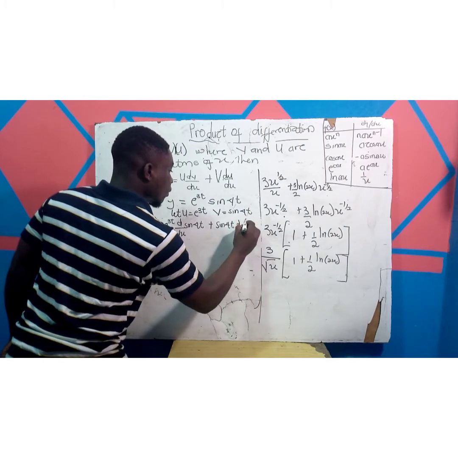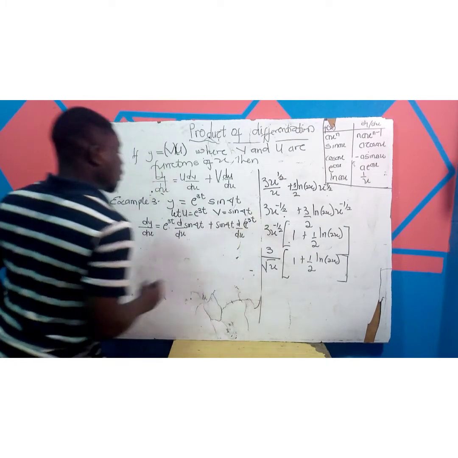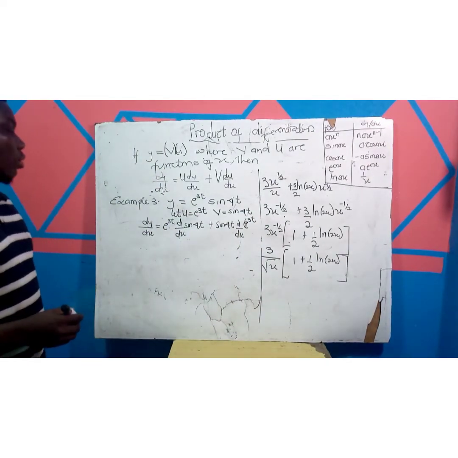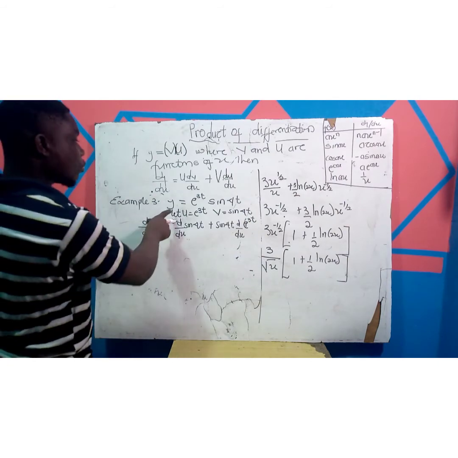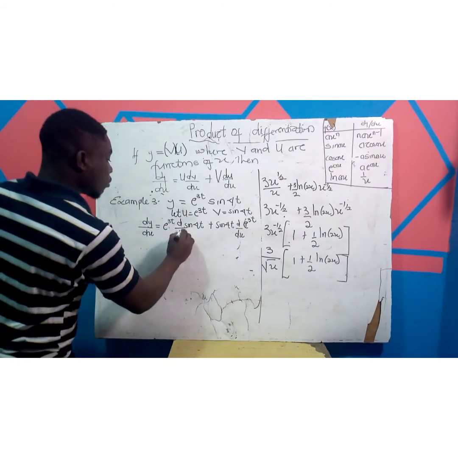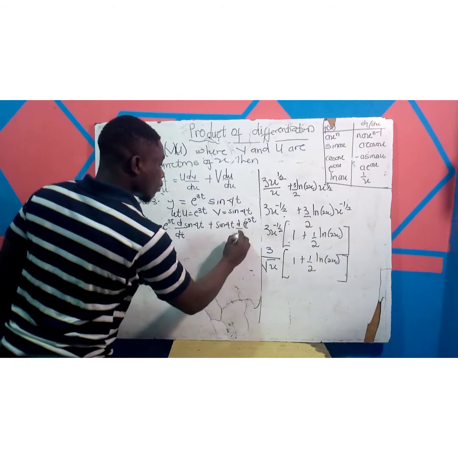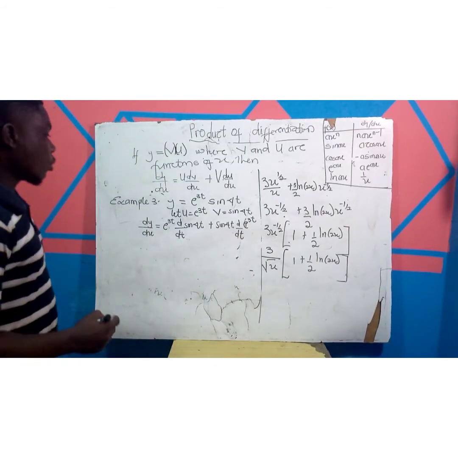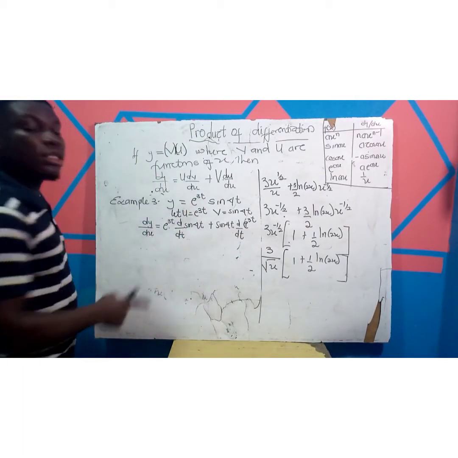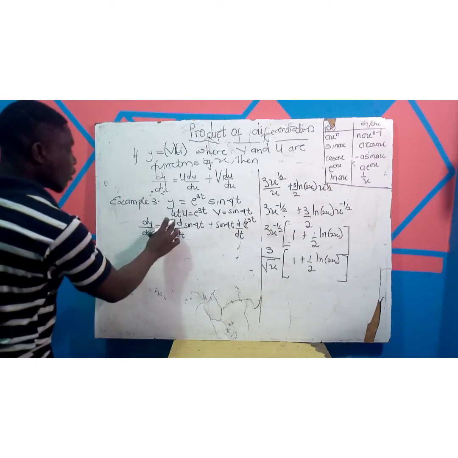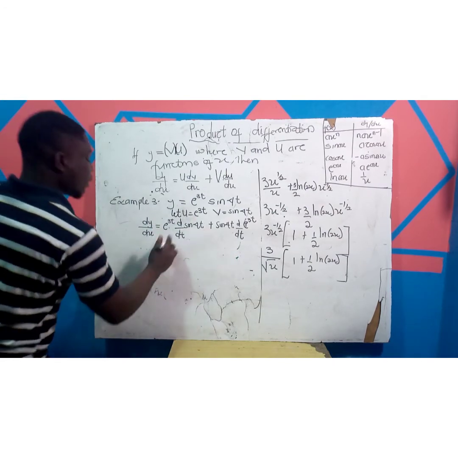Now we are differentiating y with respect to t, so this changes to t form. You keep this constant, and we differentiate this.